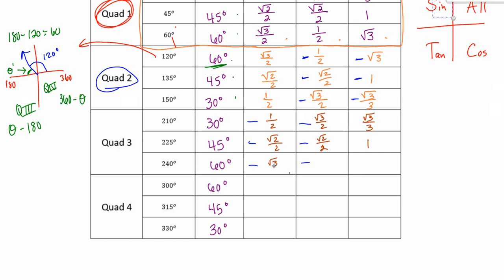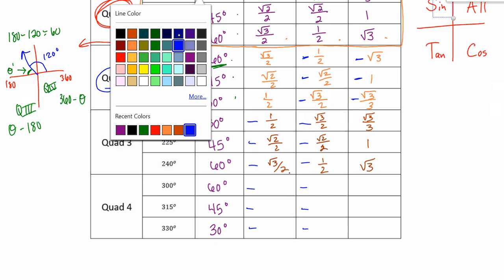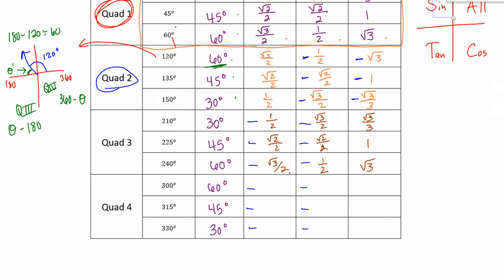And then they're flipped. Right? Last quadrant, only cosine gets to be positive, so these 3 are negative, these 3 are negative, and the values again are all repeated. So 60 degrees is root 3 over 2, 1/2, and root 3, root 2 over 2, 1, and then we flip.